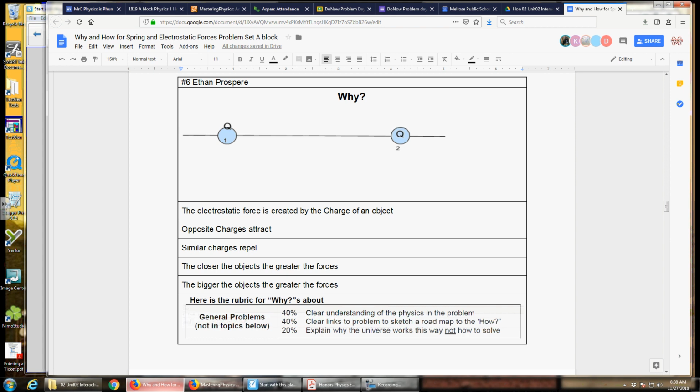Well, what do we know? We don't have opposite charges, right? At least mine says both charges are positive. Is that what everyone says? Okay. So you should get this on about opposite attract.